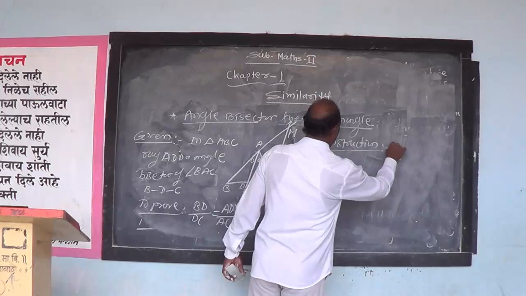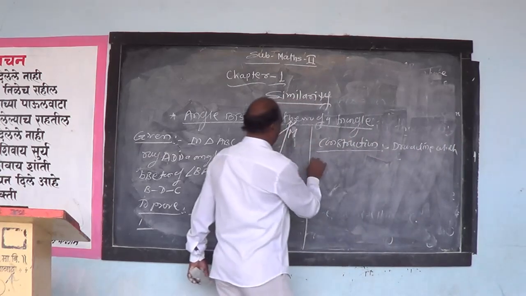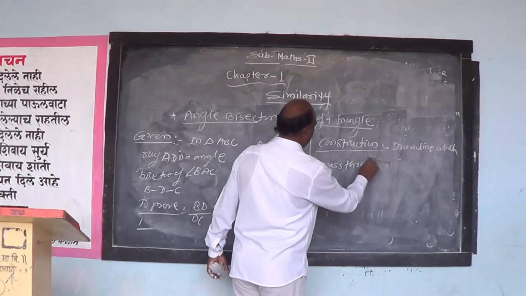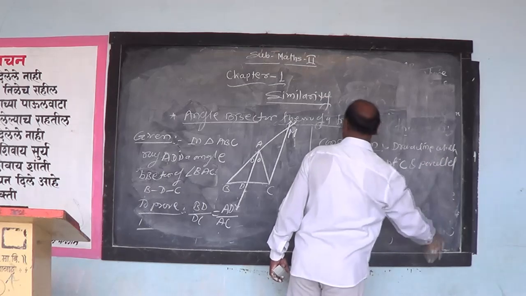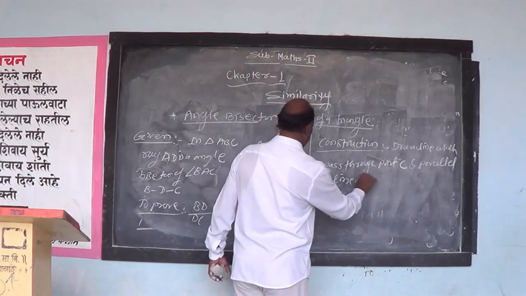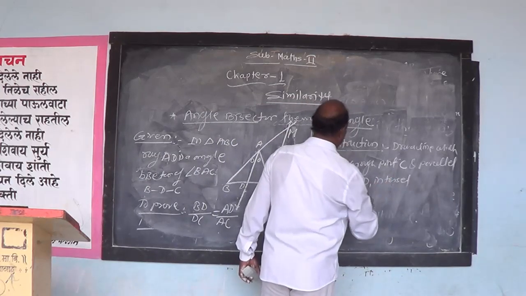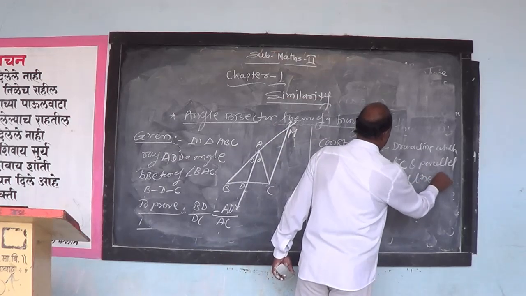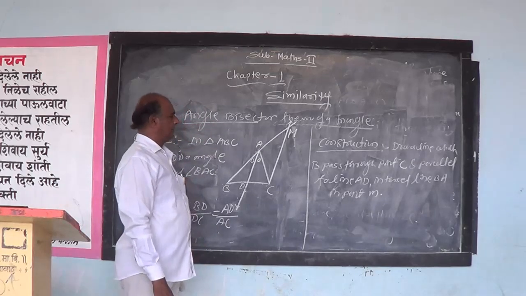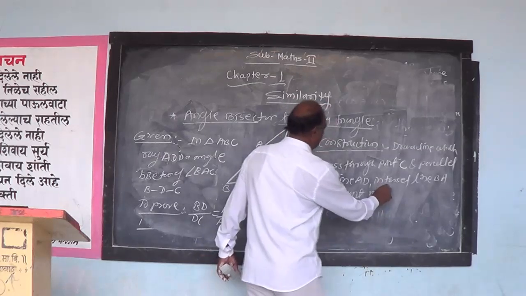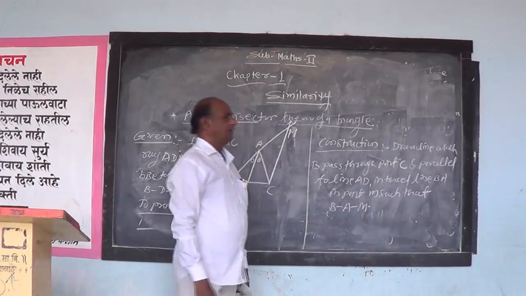Draw a line which passes through point C and parallel to line AD, intersecting line BA in point M, such that B-A-M.